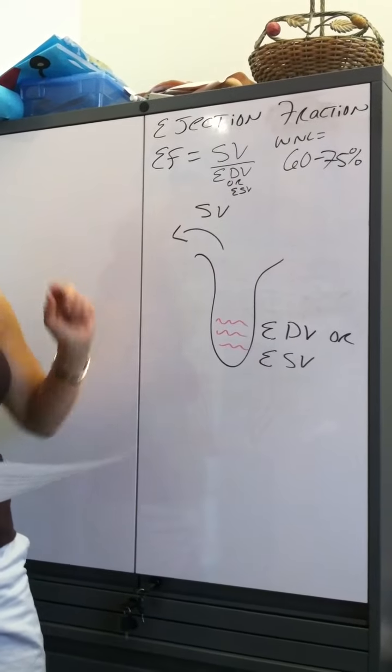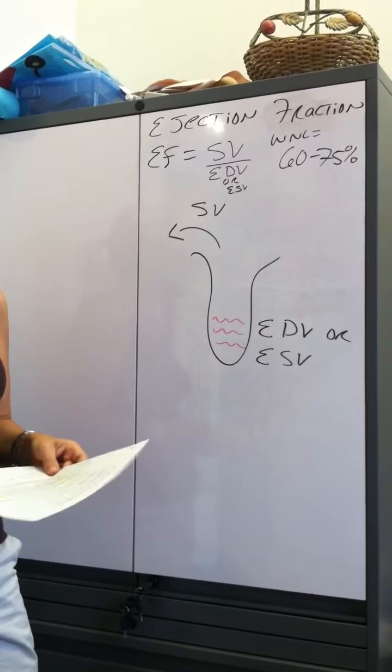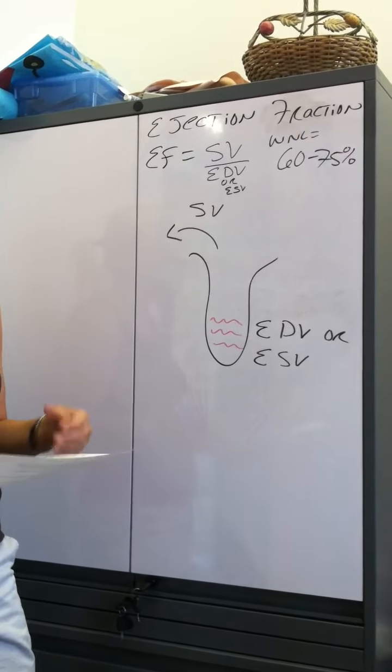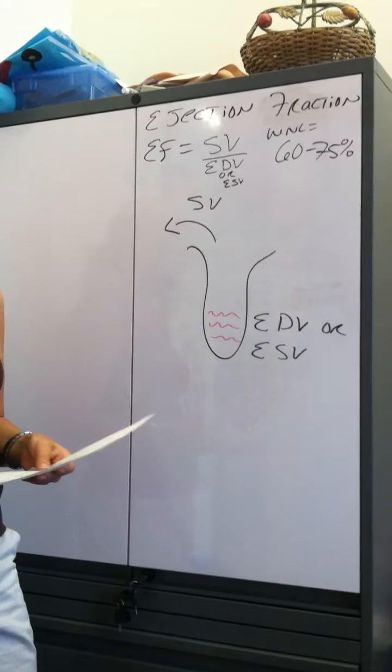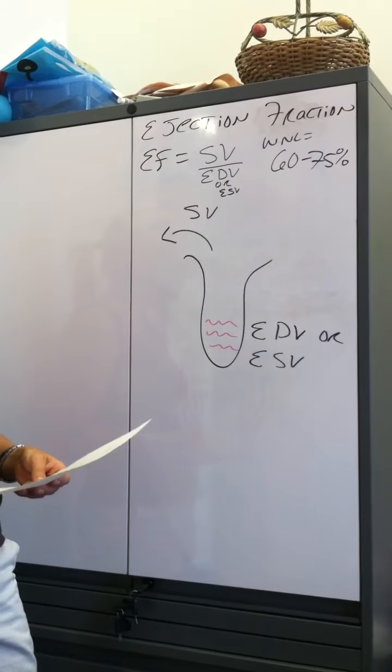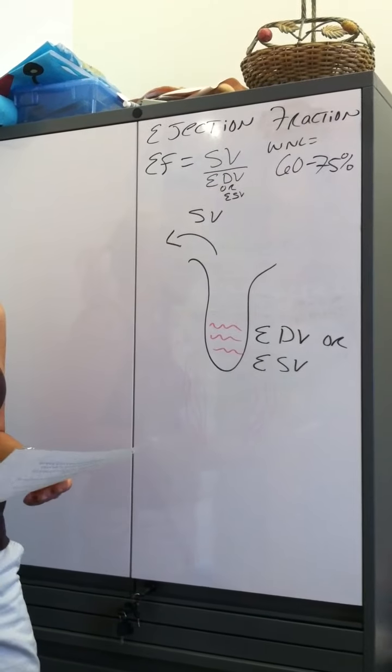Now, when I was a nursing student and I was learning this concept and I was in clinical, I remember the nurse that I was working with said that the person had had an echocardiogram done and they had an ejection fraction of 75%, and she was really surprised because she expected that it would be lower.